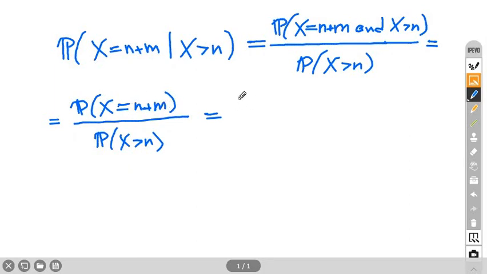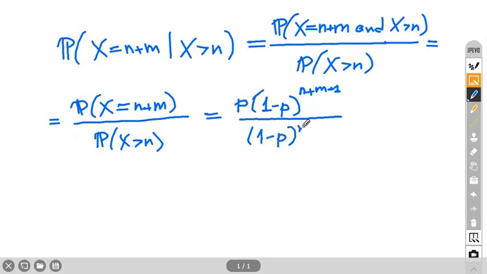So this will give p times (1 minus p) to n plus m minus 1, over what we have calculated, which was (1 minus p) to the n. We just calculated it in the first part of that property.